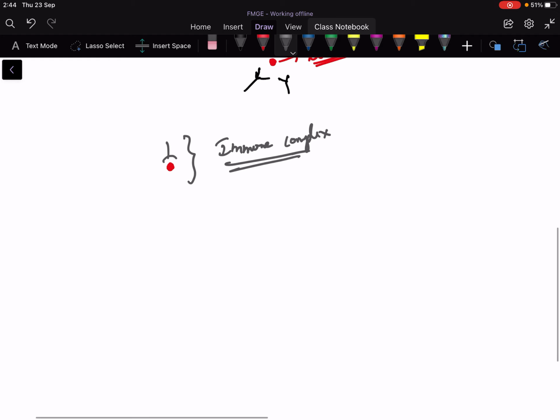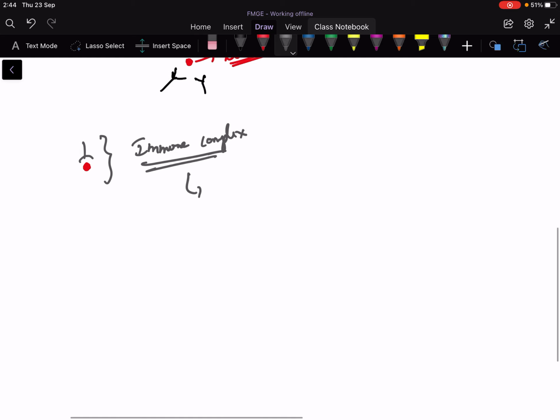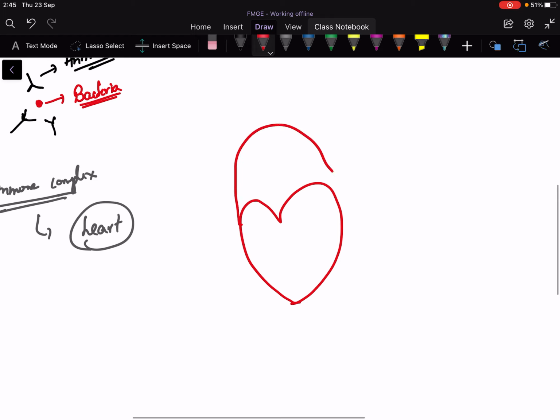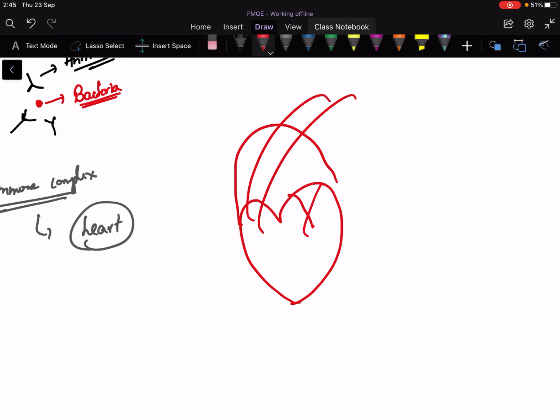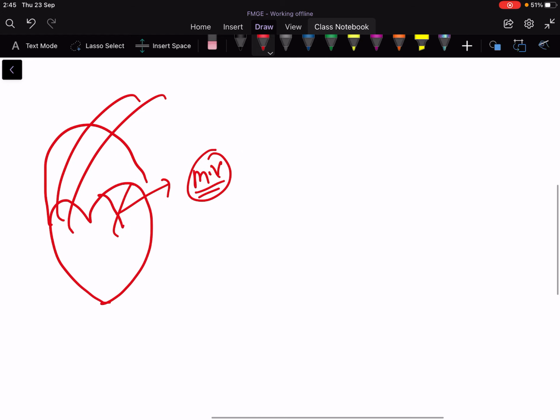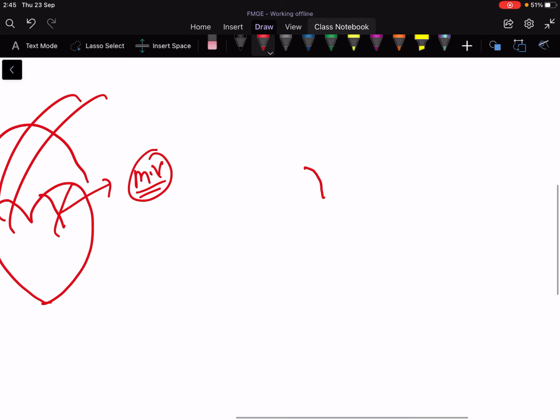And these immune complexes, not a single one, a lot of immune complexes will eventually go and settle into the heart. So suppose this is your heart, and this is a rough diagram though, and in this heart suppose this is the mitral valve, and I will draw a separate mitral valve here.